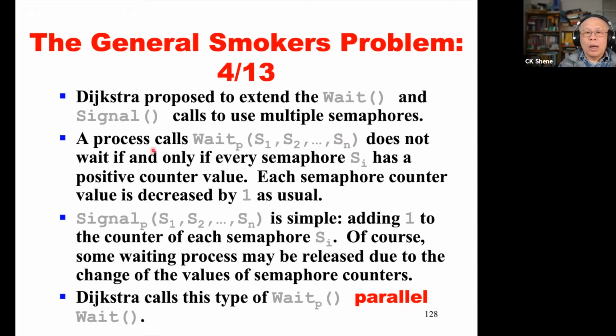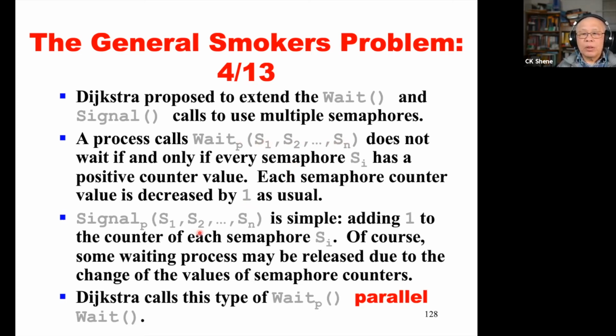A process calling waitP does not wait if and only if every semaphore listed as an argument has a positive counter value. That's S1 with a counter value greater than 0, S2 has a counter value greater than 0, and so on. Only if every semaphore counter is positive, the caller to waitP does not have to wait. Of course, every semaphore counter would be decreased by 1.